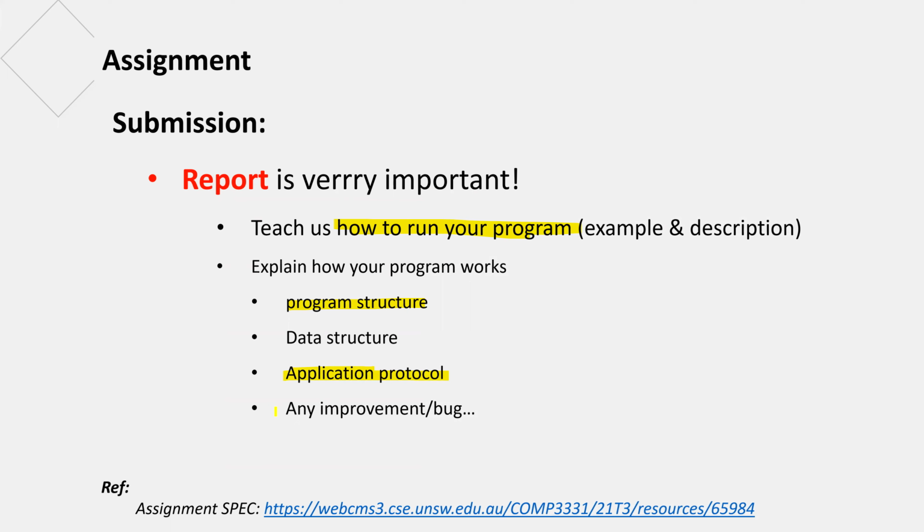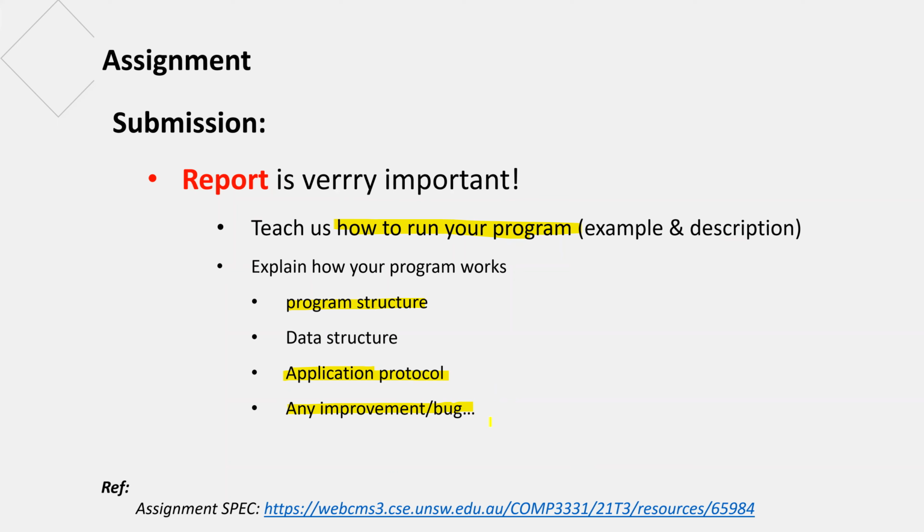And if you find some bug in your program, or some minor trade-off or some limitation, you can also write it in your report and explain why this happened. If you write it in your report, probably you will not lose any marks for some small trade-off. And it will really help us save time.